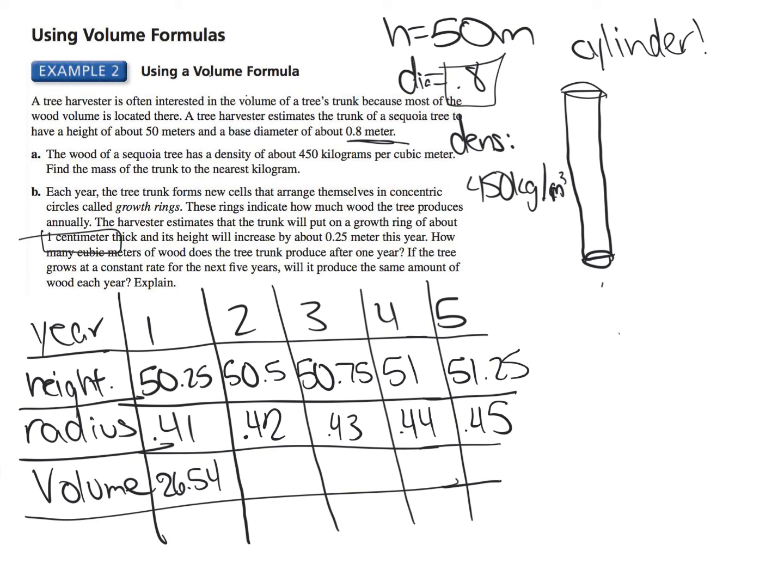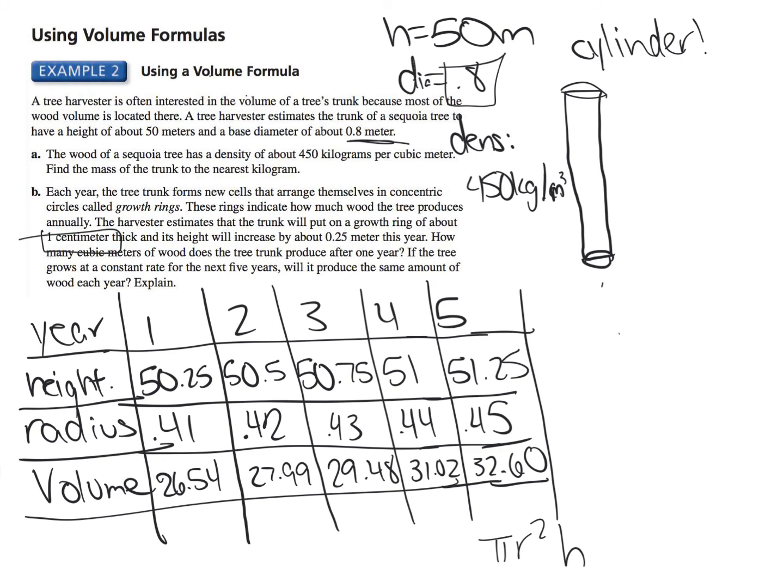Last up is the volume, which takes a little more work, but it's pi r squared times h. Plug those in, you will get 27.99, 29.48, 31.02, and 32.60.